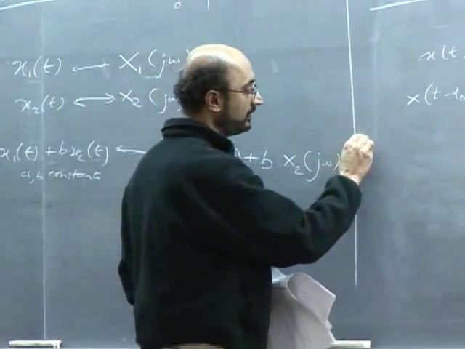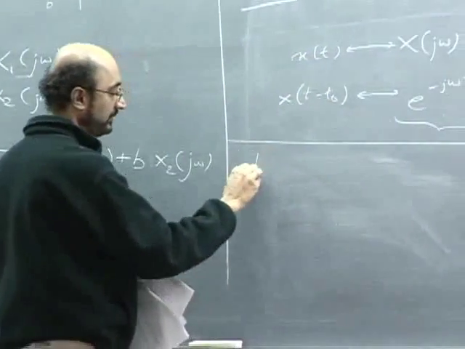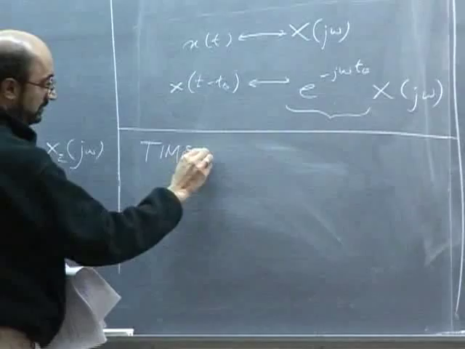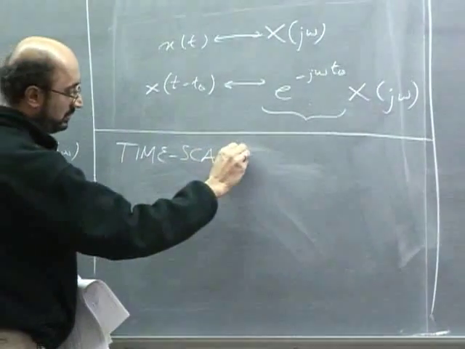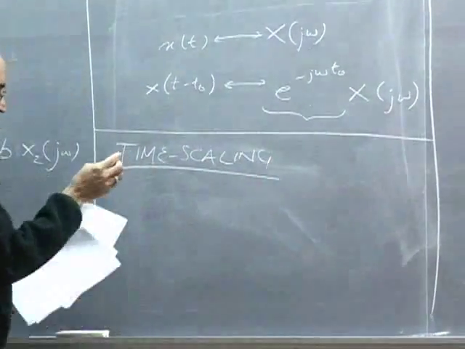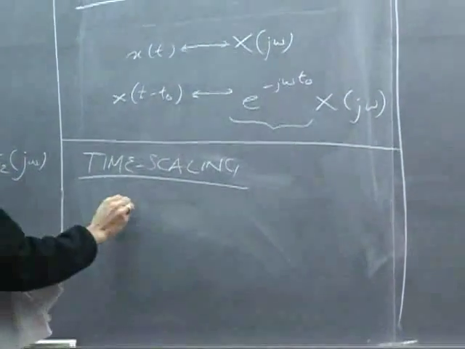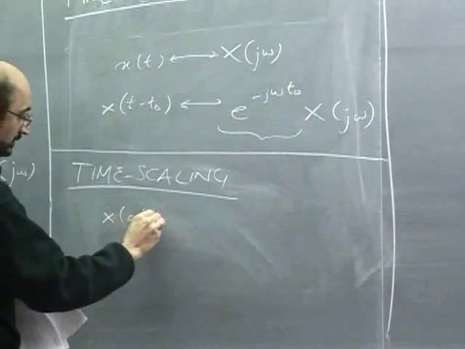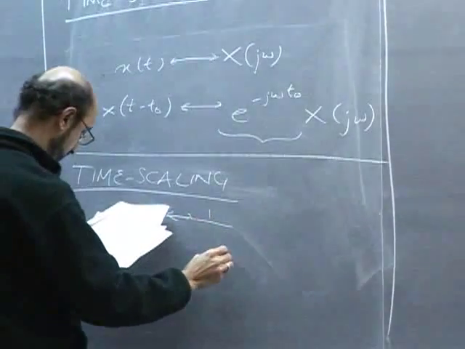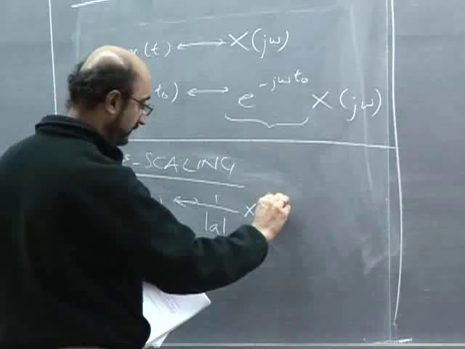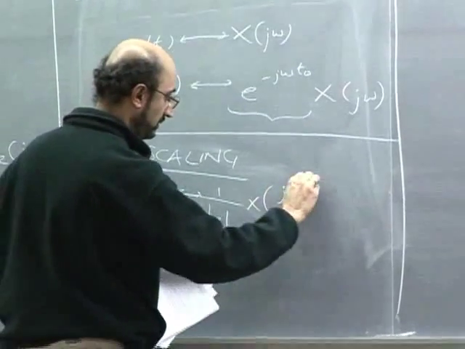And the other form is time scaling. Time scaling says that if x of t has the transform X of j omega, then x of at corresponds to 1 over mod a times X of j omega by a.